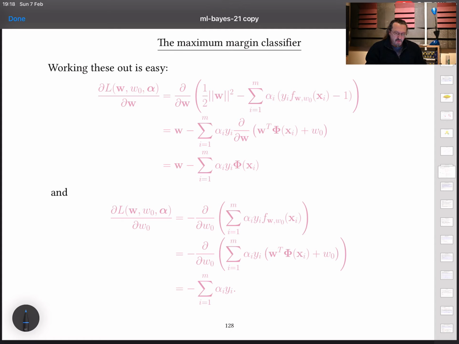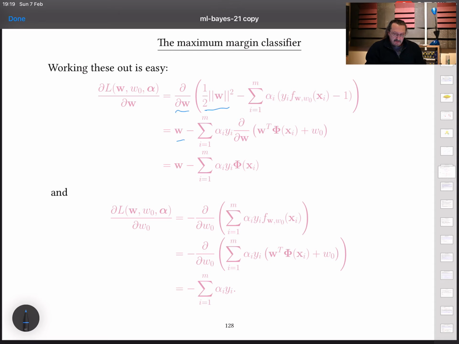It is differentiation using functions expressed in terms of vectors and matrices. So if you've done a bit of practice with that stuff now, this should be straightforward. Okay, the derivative with respect to w for the first term here just comes out as w. That's nice.